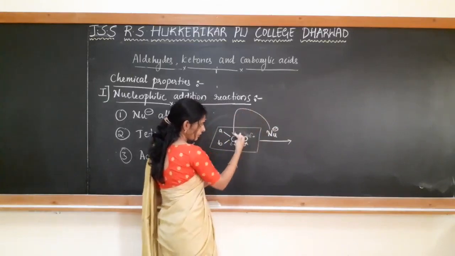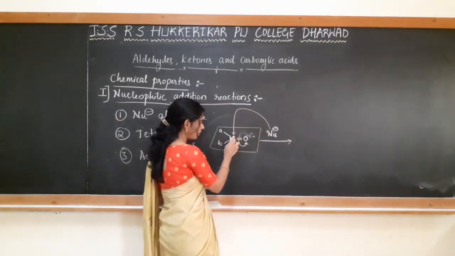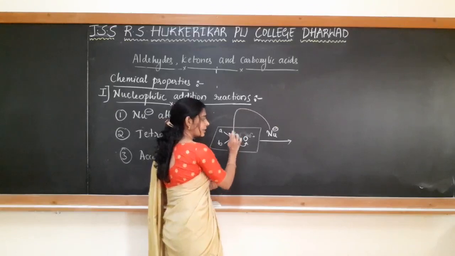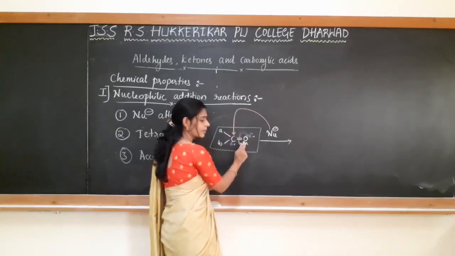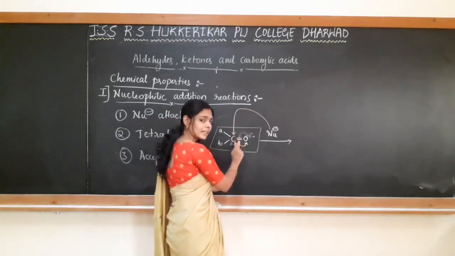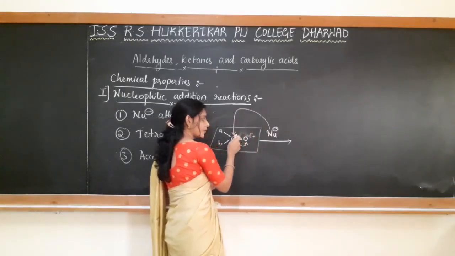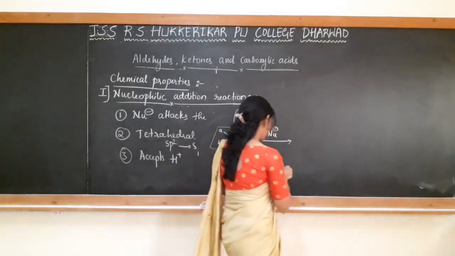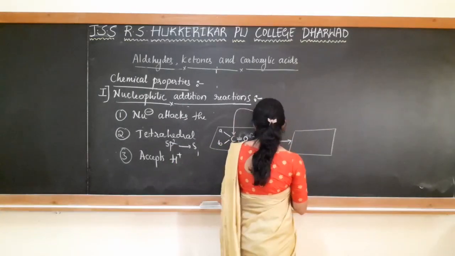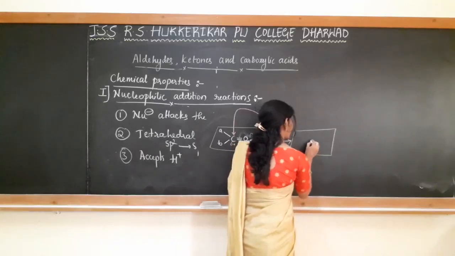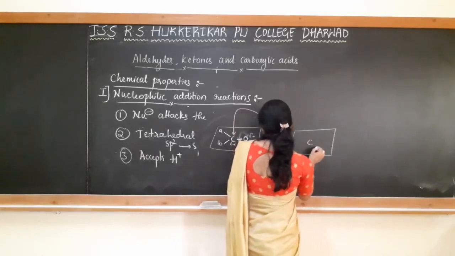So when the nucleophile comes and attacks this carbonyl carbon, what happens? The fourth bond is formed, as electrons are already shifted here. The carbon-oxygen double bond is converted to a carbon-oxygen single bond. One extra bond is formed with the nucleophile, so that is shown like this. This is the plane in which we have our carbonyl compound.